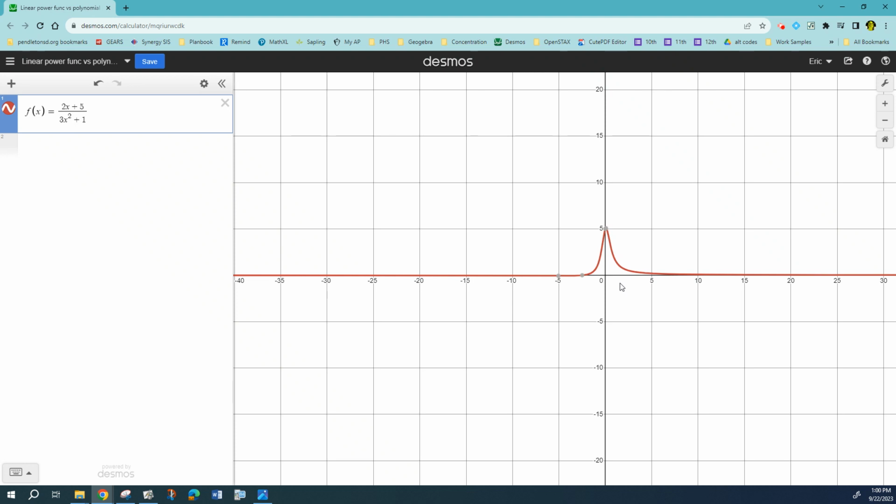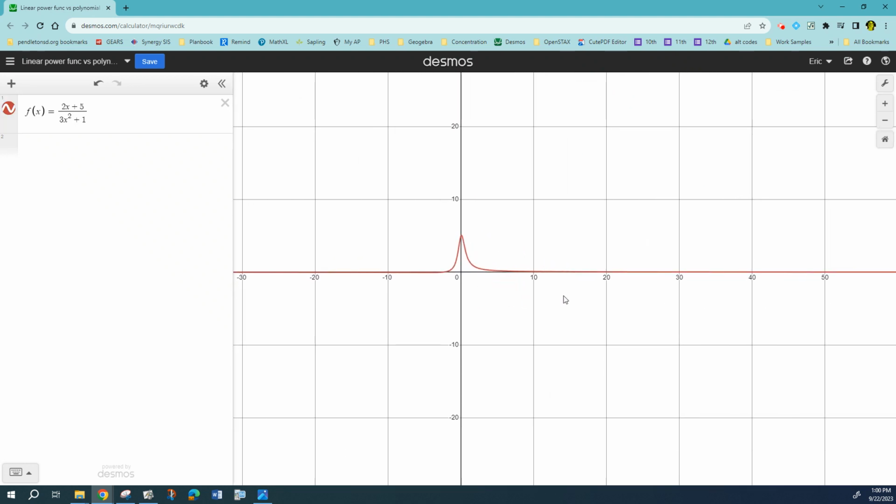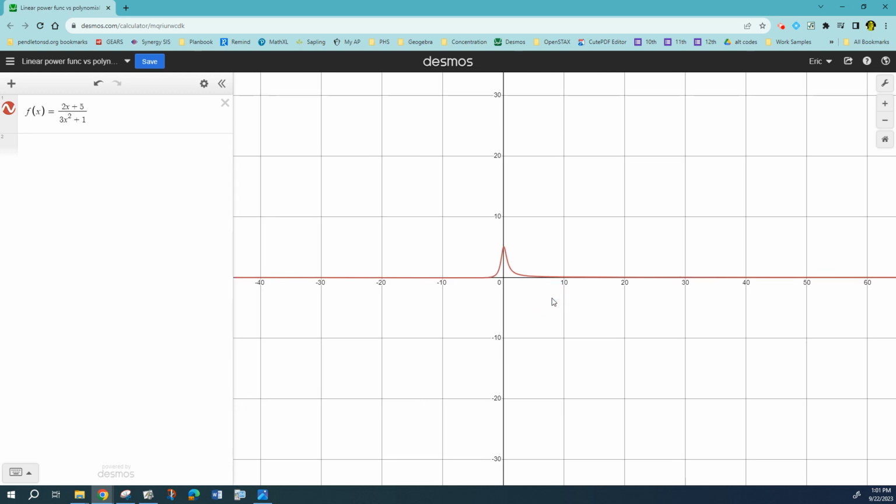Everybody see that? Like, in fact, let's do this. I'm going to zoom way the heck out, but I'm not going to zoom out on the y-axis, only on the x-axis.